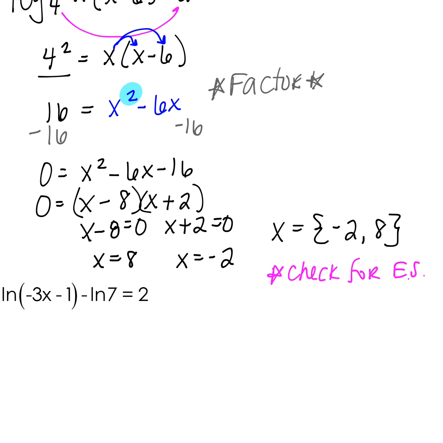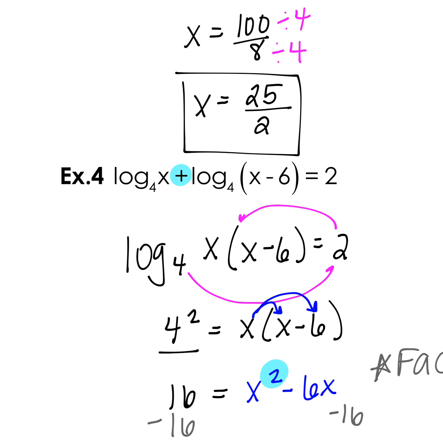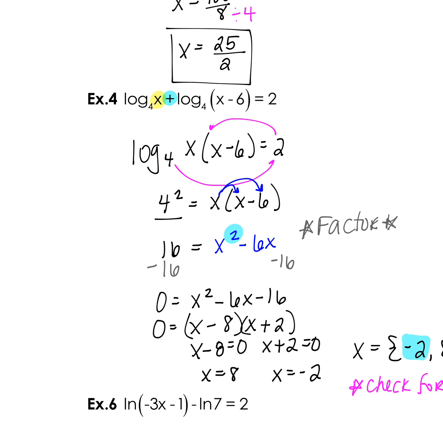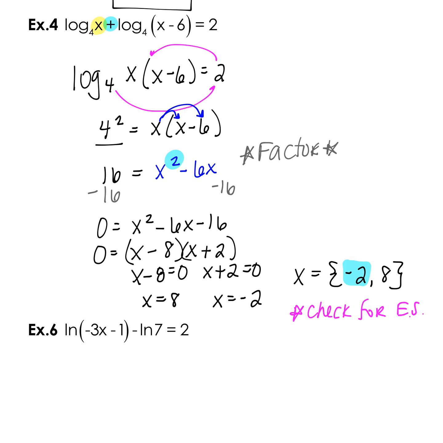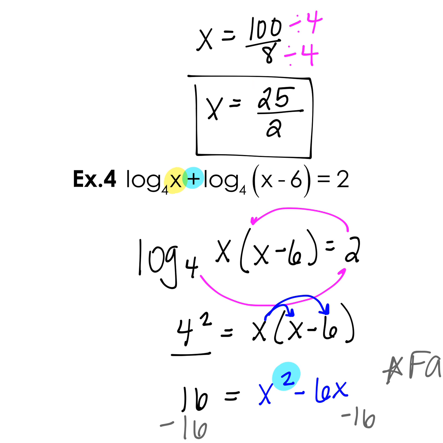Okay, let's take this first one, negative 2. Let's go to your original. I'm going to change my highlighting color because it would be the same. So if I were to plug this negative 2 into my equation, look what it would give me.